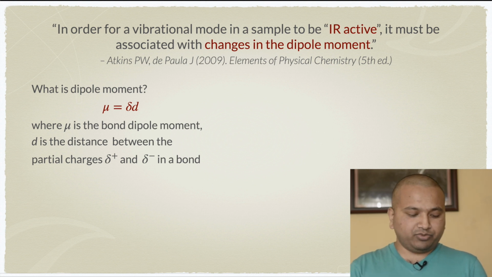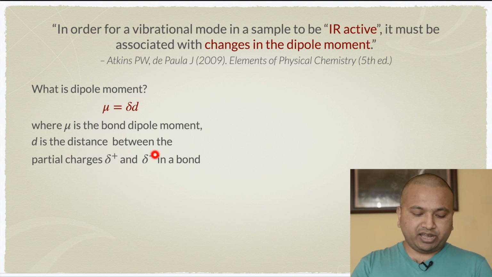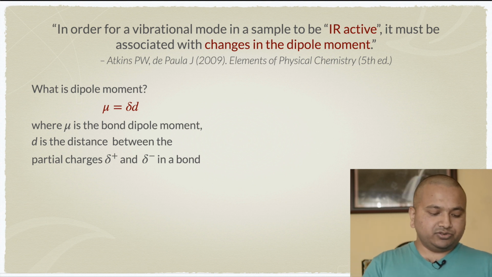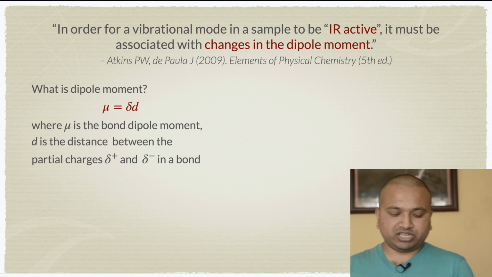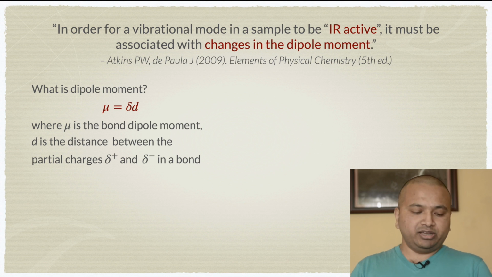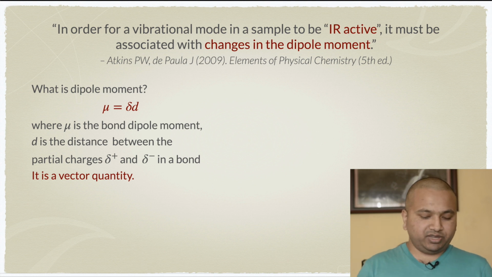So if a polar bond is there, the bond will be separated by two different partial charges. So d is the distance between the partial charges, and delta is the value of the partial charges. That is the dipole moment in a bond, a bond dipole moment. It is a vector quantity.